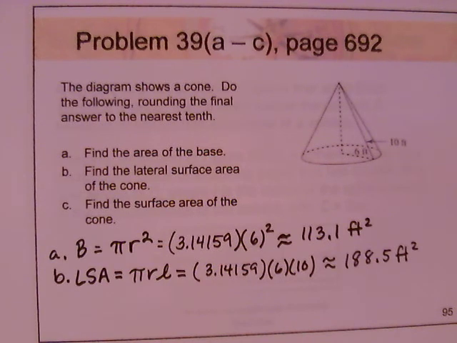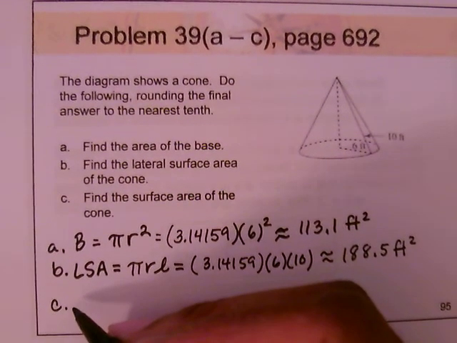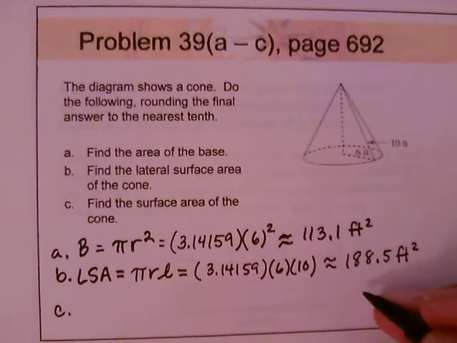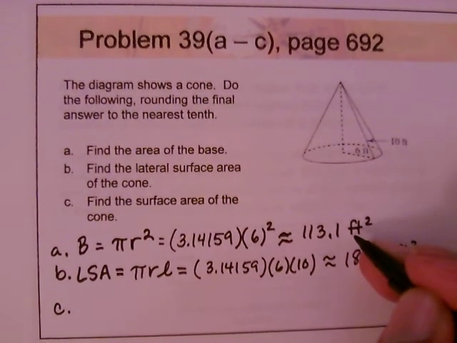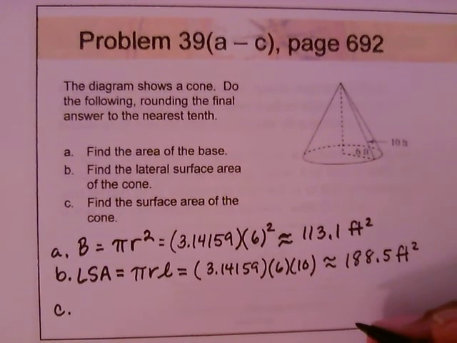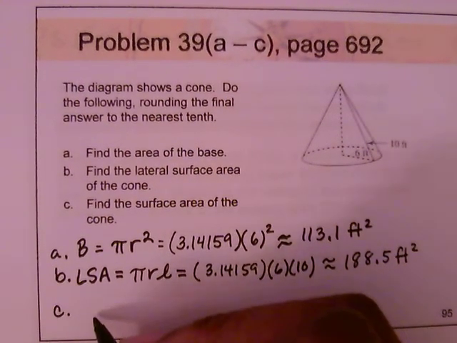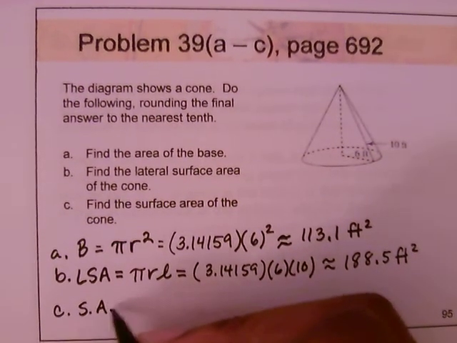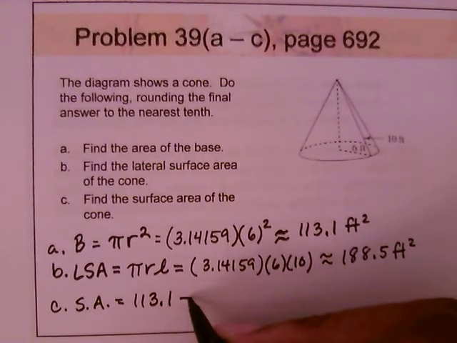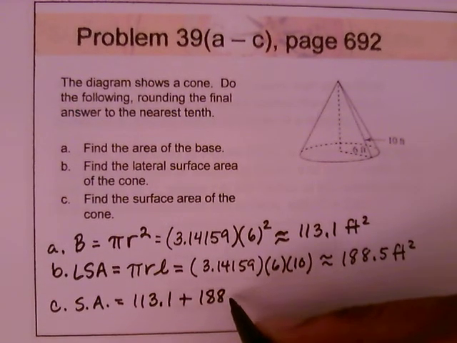And then part C is finding the surface area of that cone. Well, the surface area is just going to be the sum of these two: the area of the base, pi r squared, plus the lateral surface area, pi r l. So the surface area is this number, 113.1, plus the lateral surface area, 188.5.